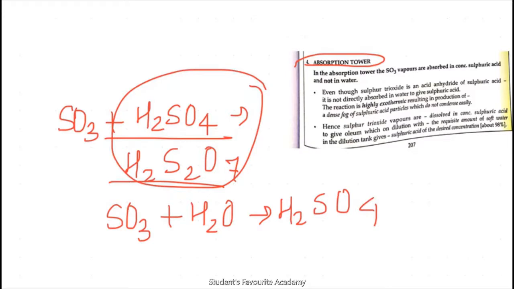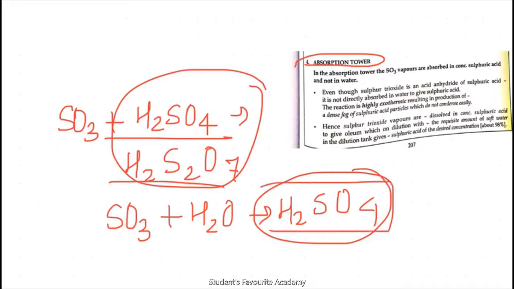Why? Because this reaction is very, very highly exothermic. Since it is highly exothermic, it leads to the formation of dense fog, meaning it starts evaporating and forms a fog-like structure. So dense fog of sulfuric acid particles is formed, and then it is very difficult for me to precipitate that.